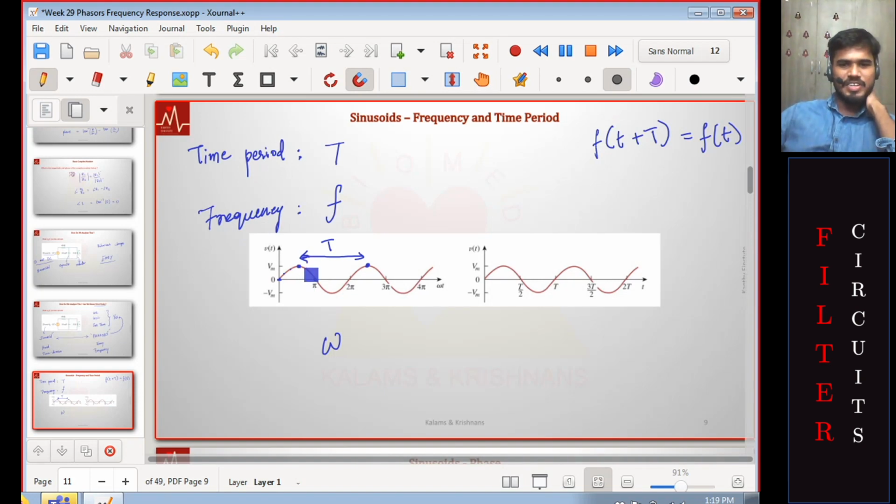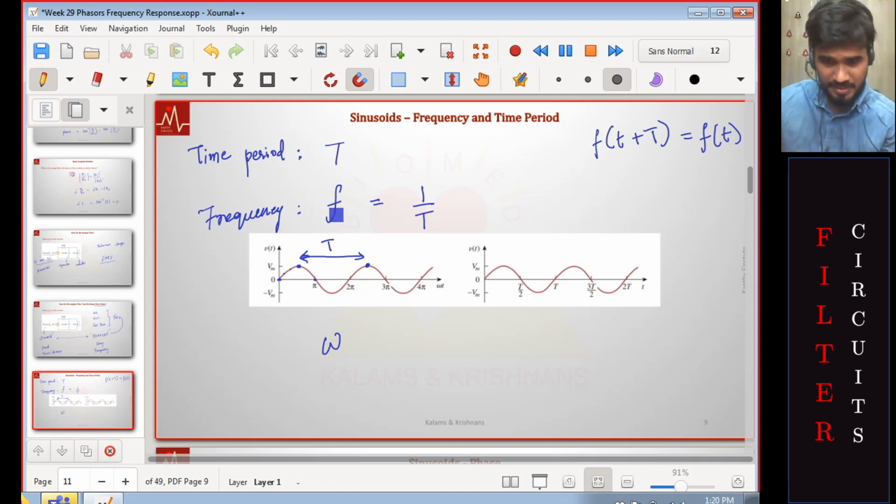Sometimes we are interested in that. The longer the time period is, the smaller the frequency is. So there is an inverse relationship. The proportionality constant is also actually 1 here. This is like heart rate. It is the number of cycles per second, number of repetitions per second. I suppose all of you kind of agree with it.